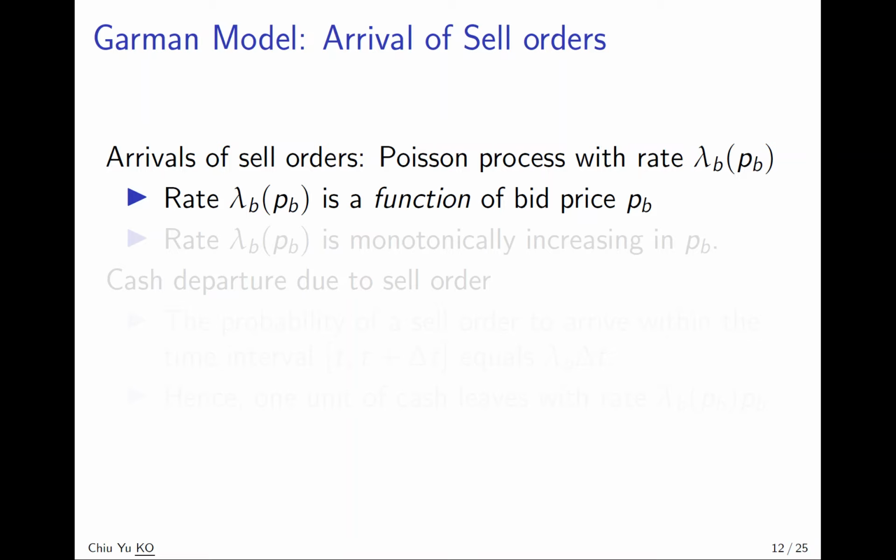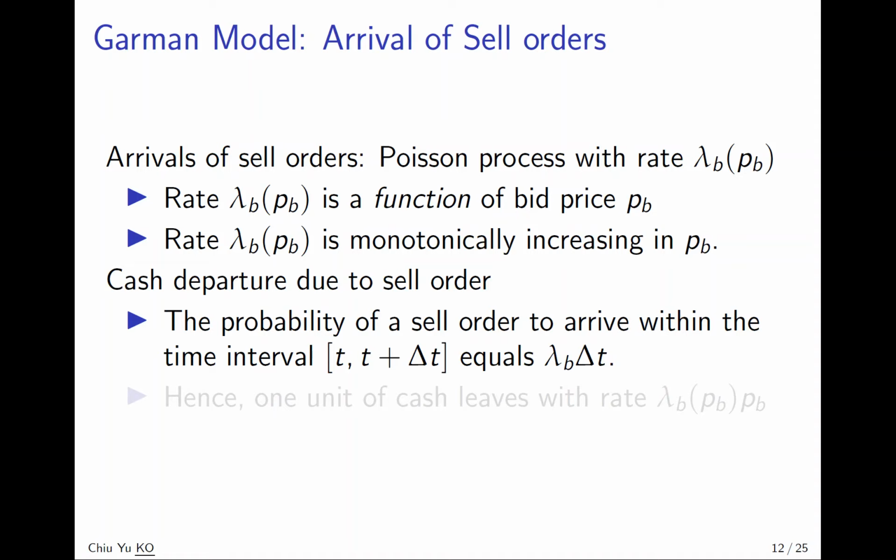Similarly, we will model the sell orders also arriving at Poisson rate lambda B, and this is also a function of PB, because this is a supply function, right? So it's a bid price. This is increasing, so it's a standard upward sloping supply curve. Because people come to sell, the cash is also departing from the dealer, right?